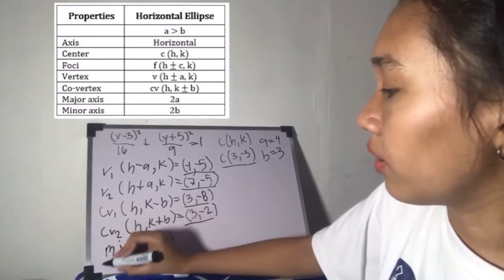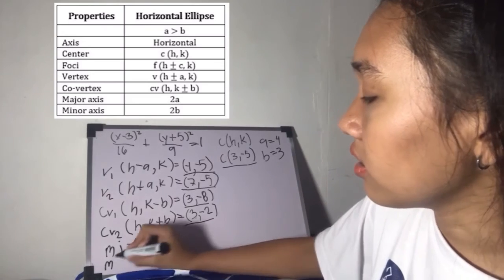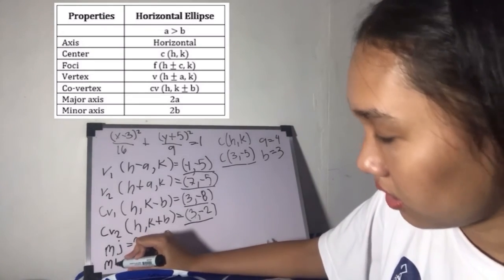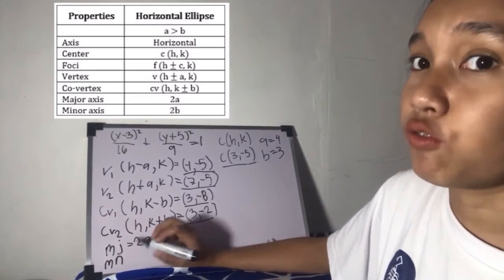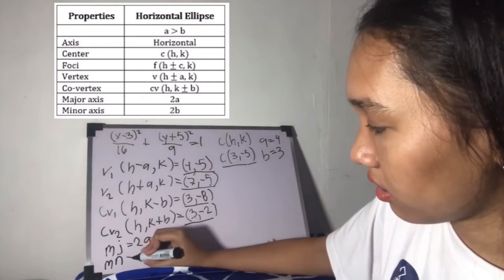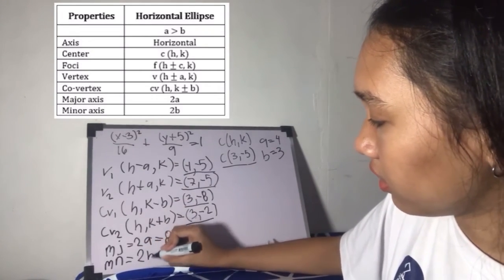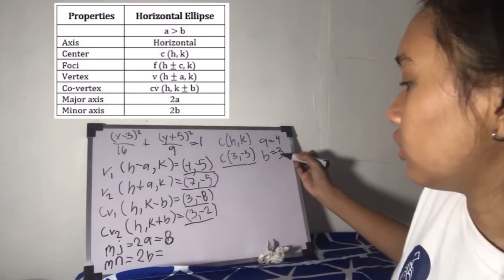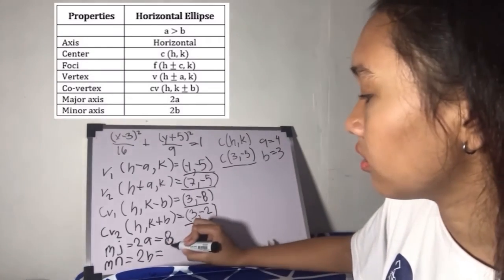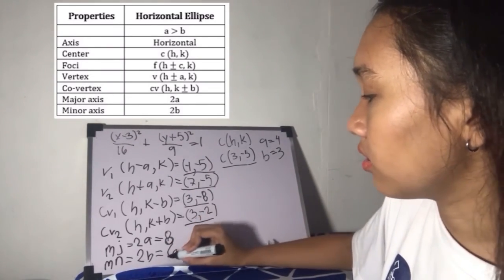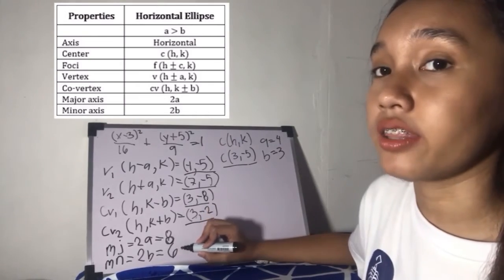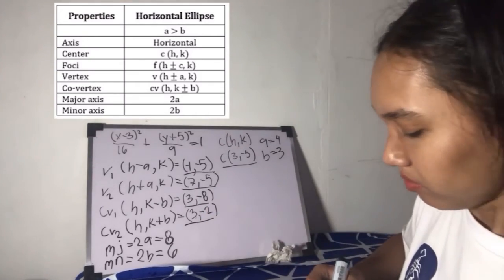And then our minor axis, let's put MN for minor axis. It is 2b. That means 3 times 2 is 6. This is our major axis and our minor axis.